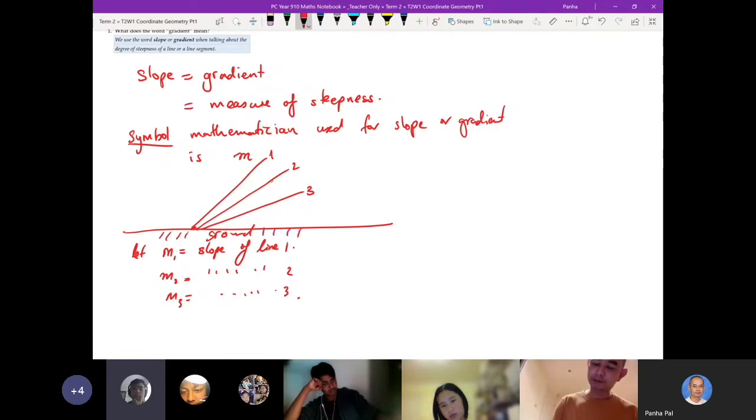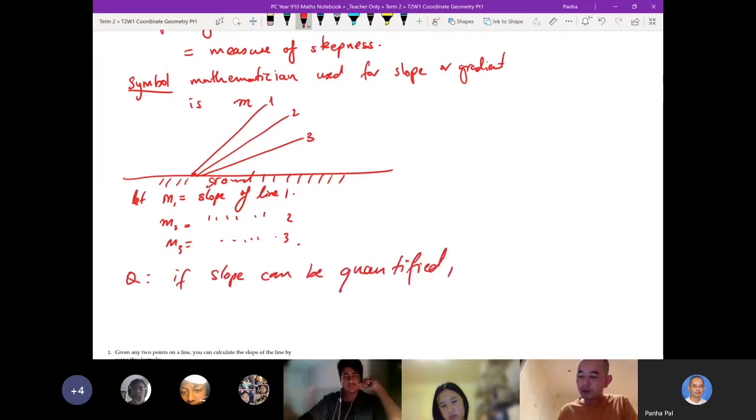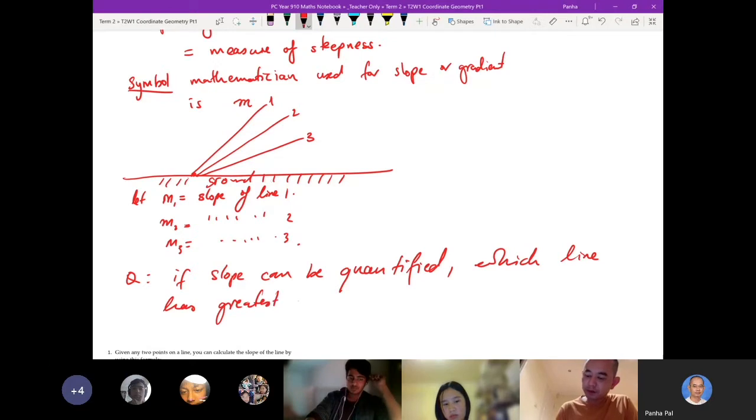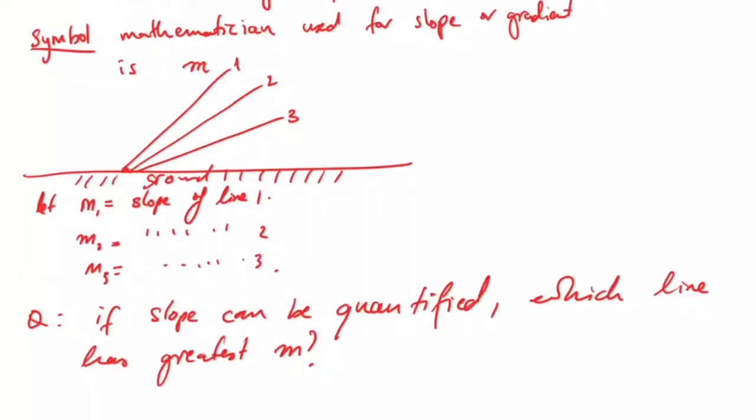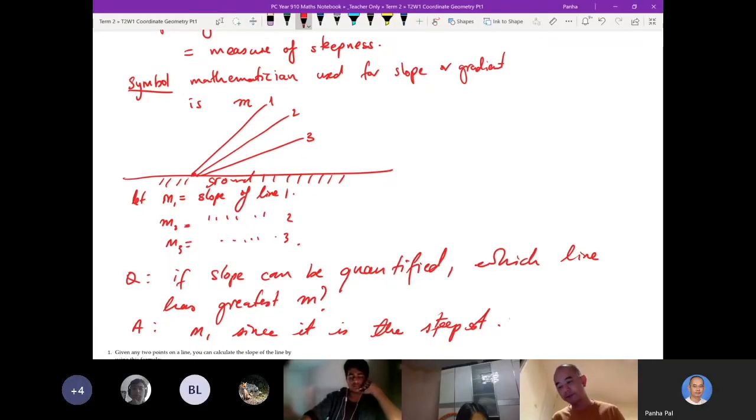Thank you. Well done. So my question is, if slope can be quantified, which line has the greatest m? And Kento's answer is line 1, since it is the steepest. Yes, that's the qualitative aspect at this point.